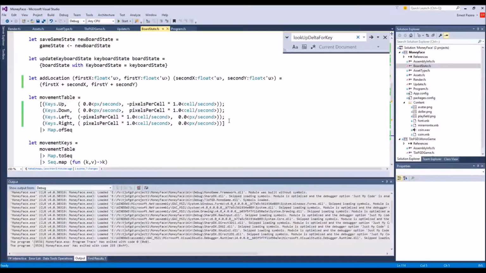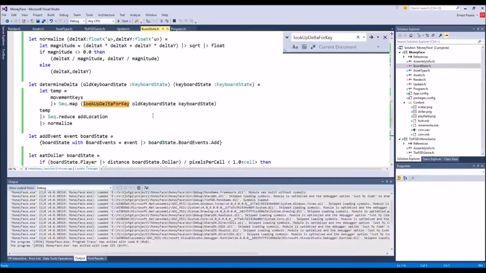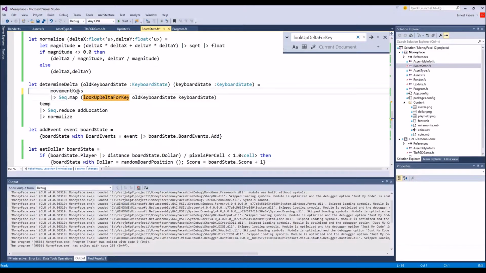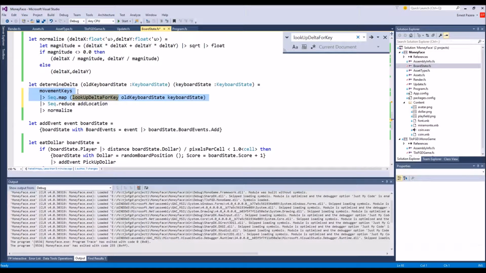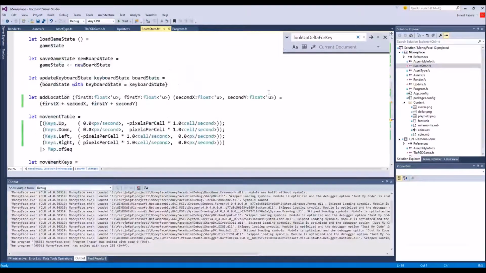So what is pixels per cell? So there's something not right here. So let's look at. It's very strange. Per cell times 100.